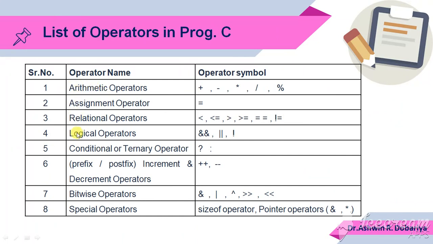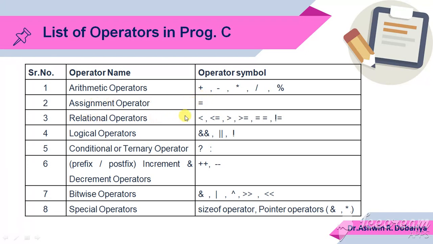If we see the categories of different operators, the arithmetic operators are plus, minus, multiplication, division and modulus. This is known as the modulus symbol. All these 5 operators are known as the arithmetic operators. Then the assignment operator is equal to; whenever we want to assign a certain value, we generally use the assignment operator.